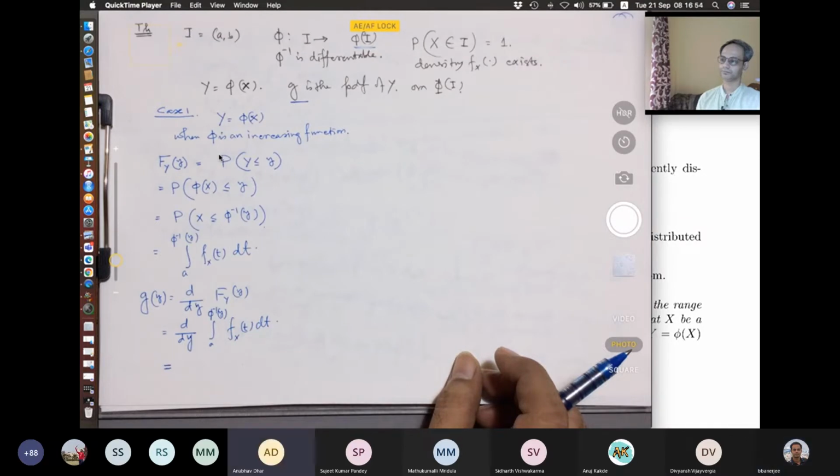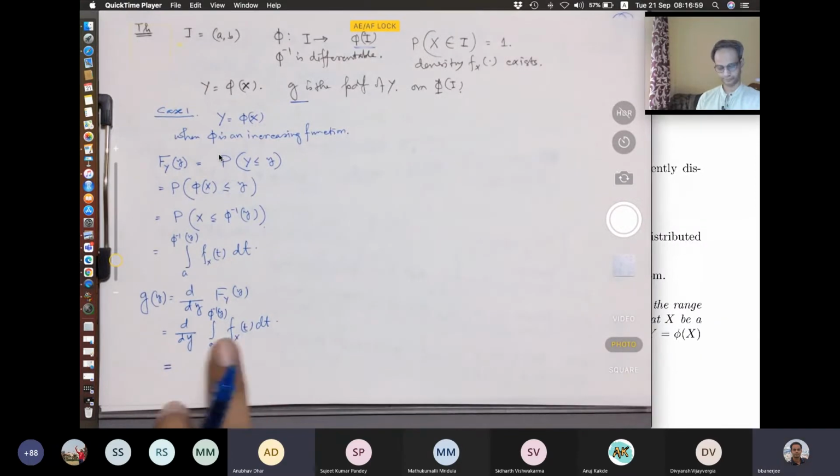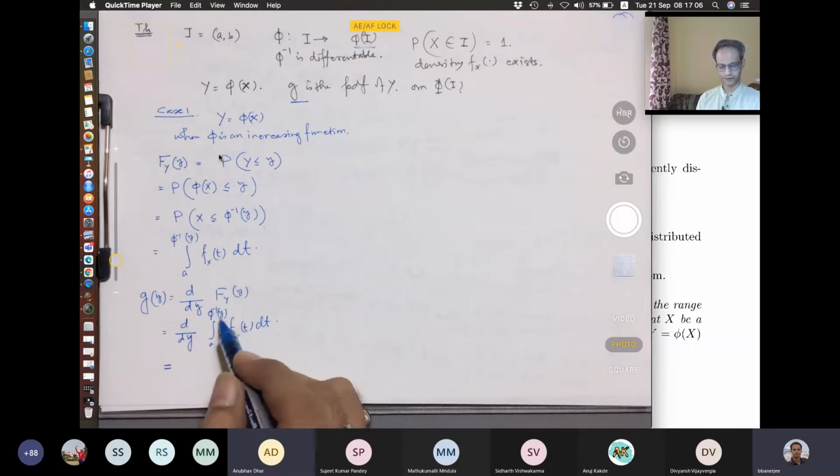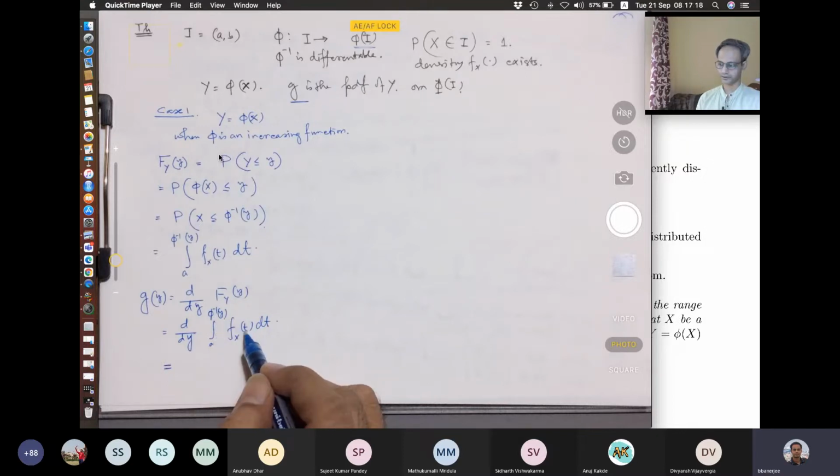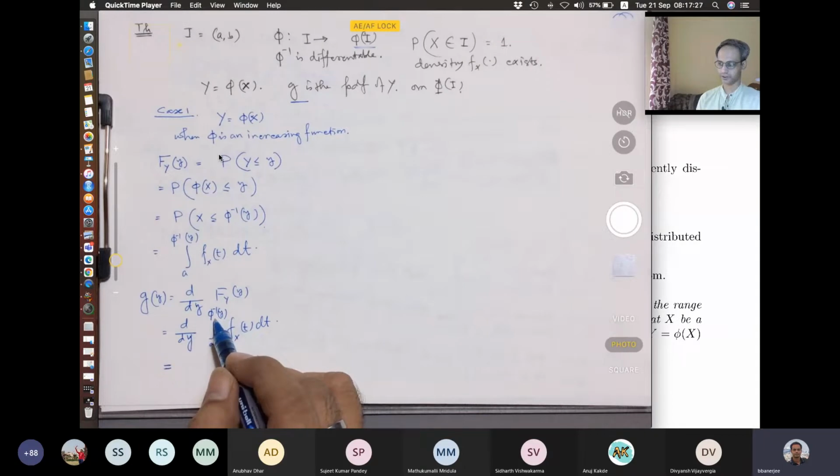We can use Newton-Leibniz to say that this is equal to f of x at phi inverse of y, times d/dy of phi inverse of y. So this variable, whatever you are seeing in the range, here one side is constant, so you need not worry about that. But on the other side, that value will come into the expression of the integrand, and then the rate of change of this function.